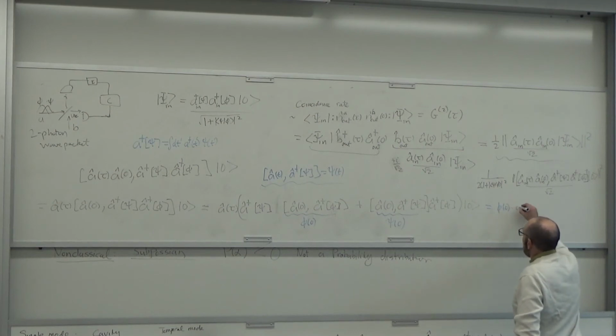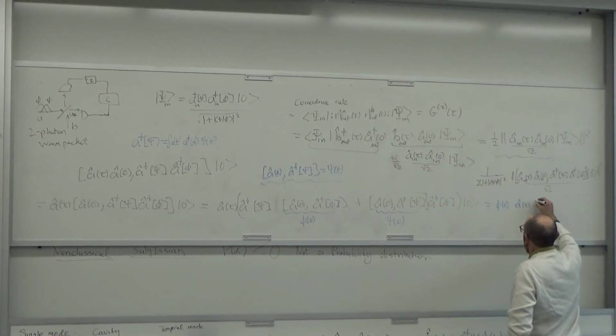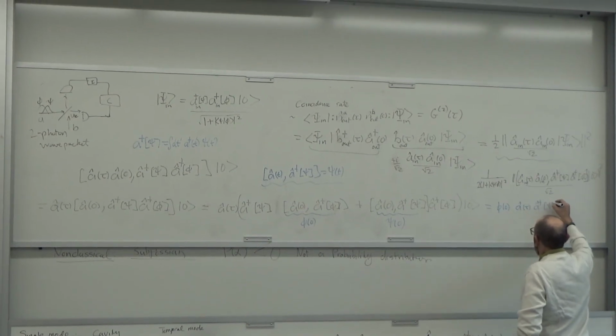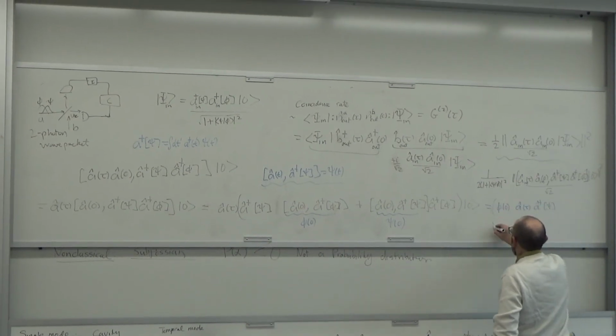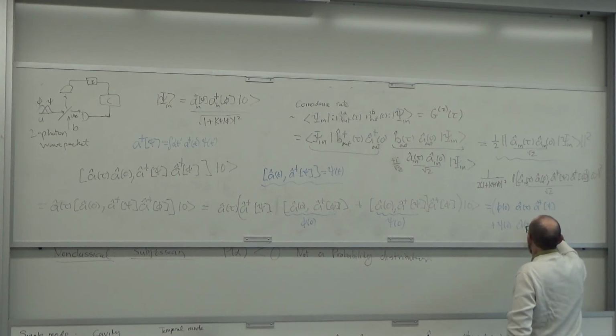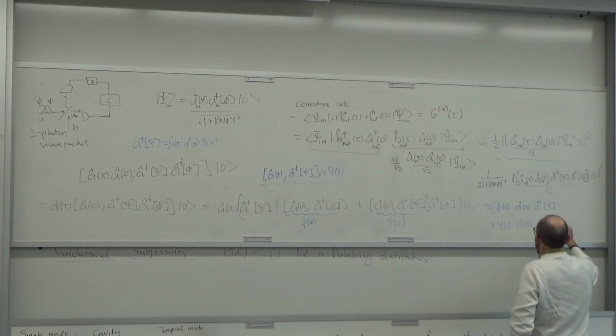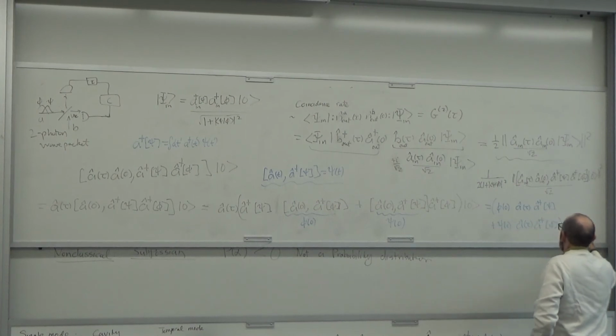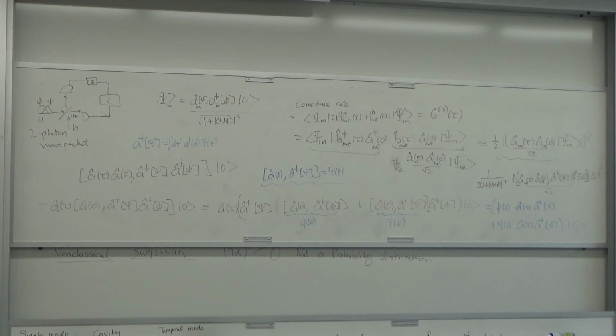phi of 0, a of tau, a dagger of psi, plus phi of 0, a dagger, acting on the vacuum. And now what?